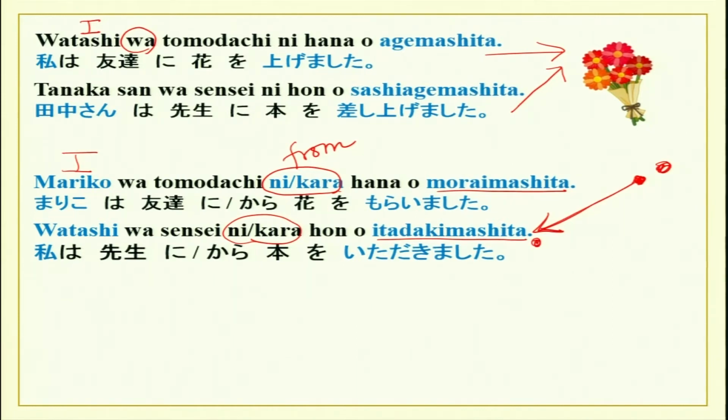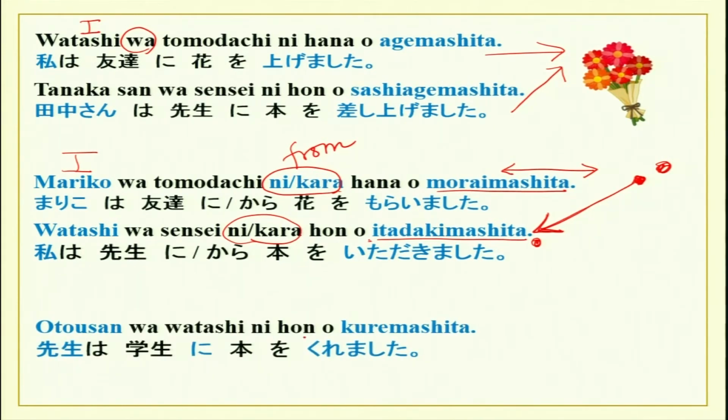I am being honorific and using itadakimasu. Moraimasu we have done earlier. You can give to people your age. So, itadakimasu and sashiagemasu will always be used in business situations or with people senior in age and in rank. Then, Oto-san wa watashi ni hon o kuremashita. So, Oto-san is here and I am here and he is giving something to me.